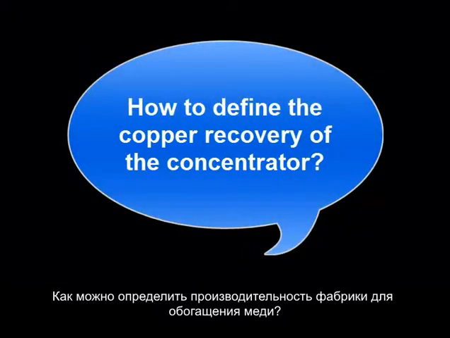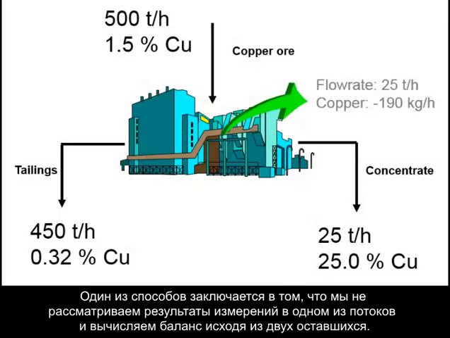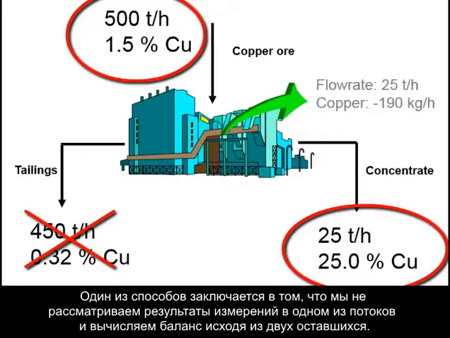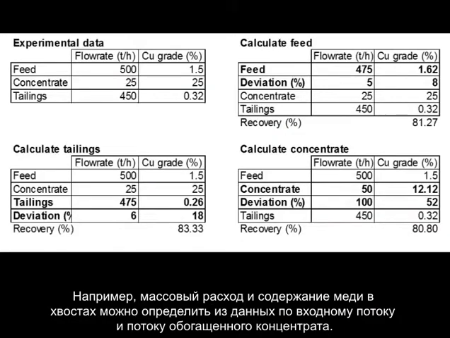What is the method to determine the copper recovery of the concentrator? One method is to disregard the measurement of one of the streams and to do the calculation based on the two other streams. For example, the mass flow rate and copper content of the tailings could be calculated from the feed and the concentrate.